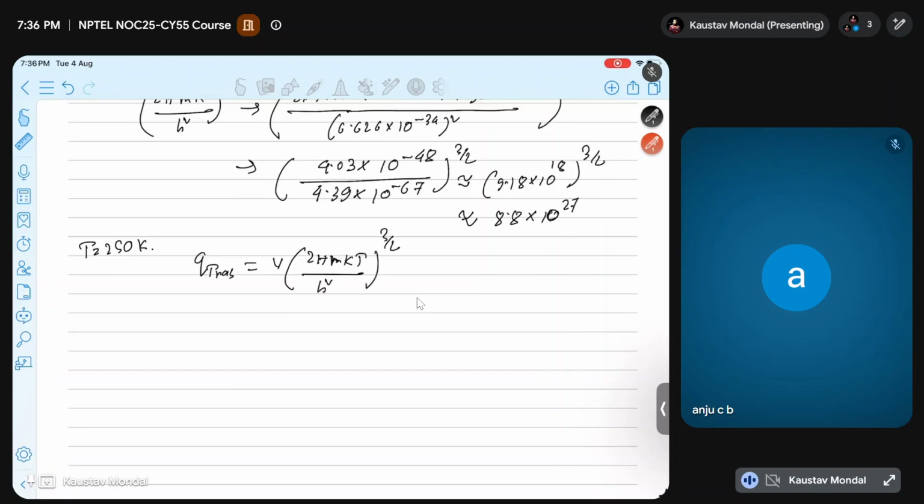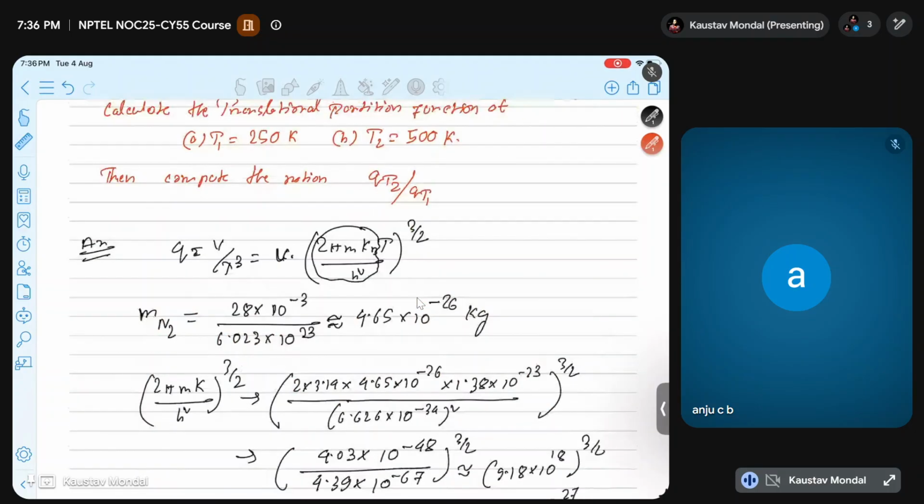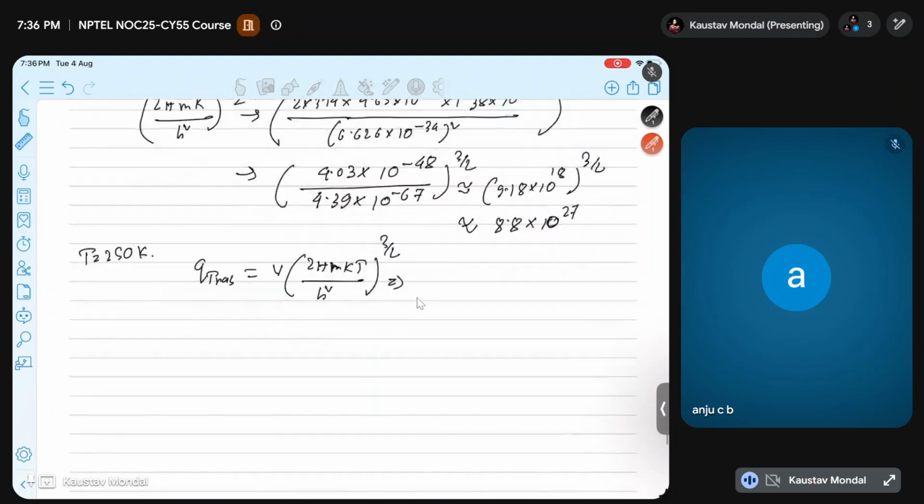We know V is 1.5 into 10 to the power minus 3 meter cube, and that constant I have already calculated, 8.8 into 10 to the power 27, and T to the power 3 by 2 is there.